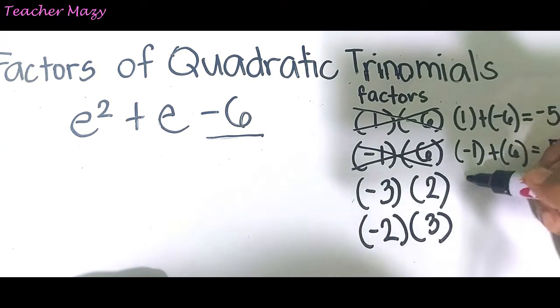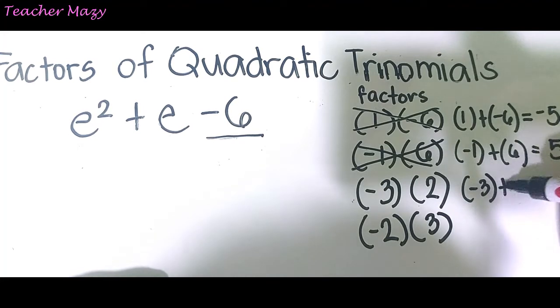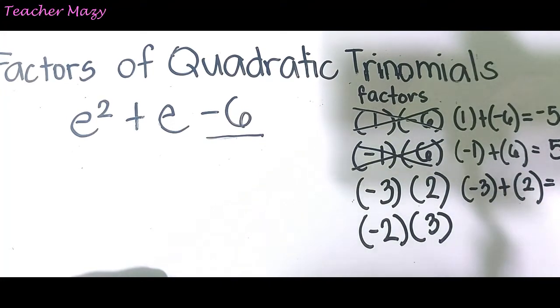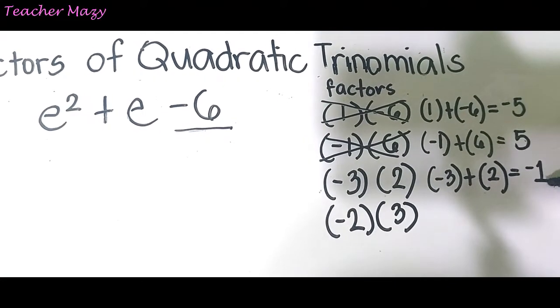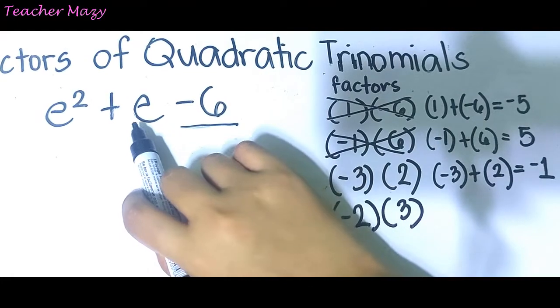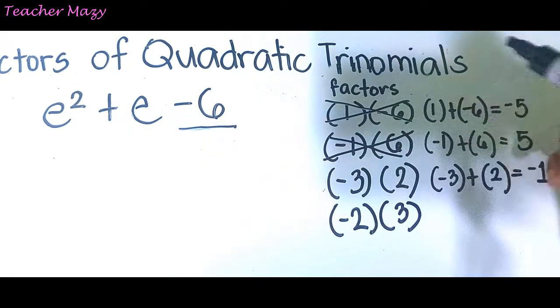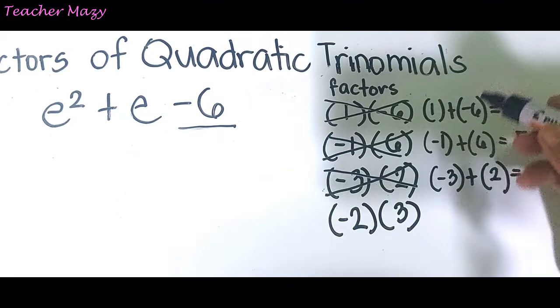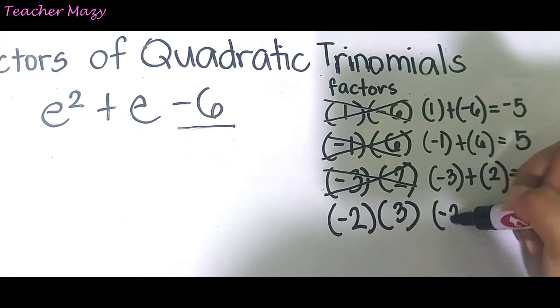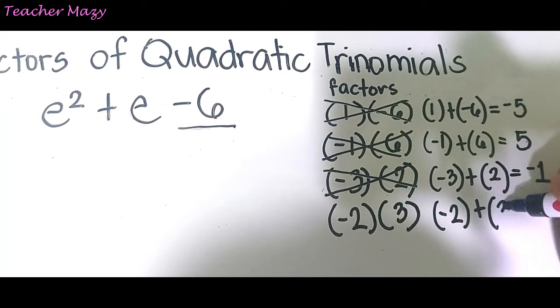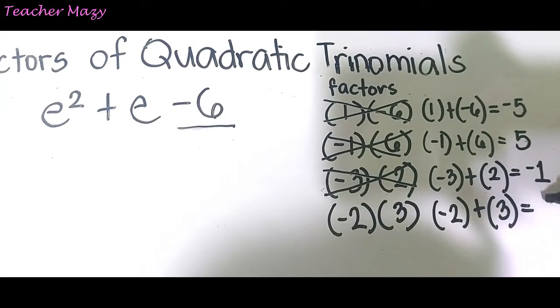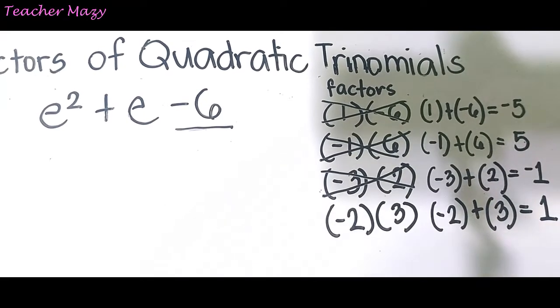Next is negative 3 plus 2, which is equal to negative 1. We have negative 1 here, but we are looking for positive 1, so we cannot use this one. And the last one is negative 2 plus positive 3. That is equal to positive 1.